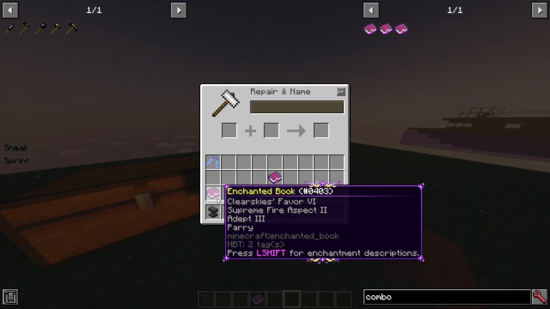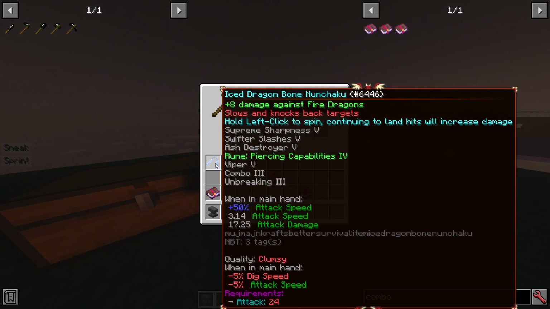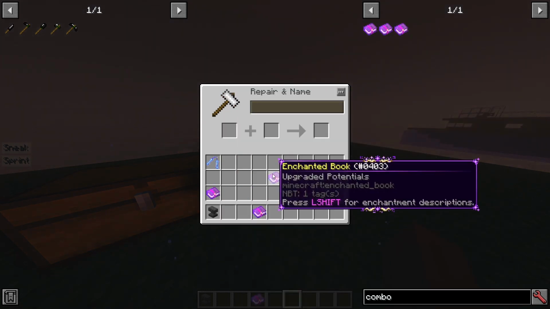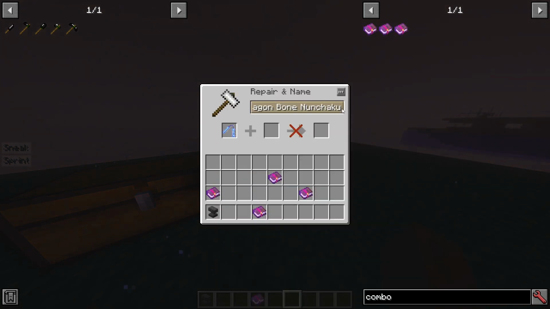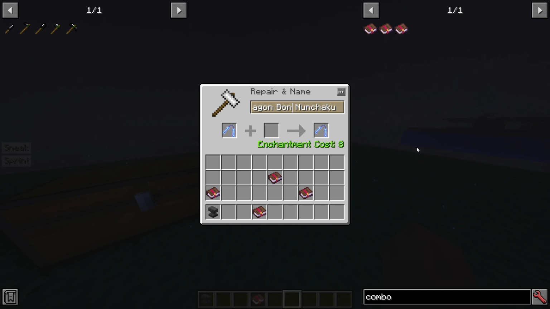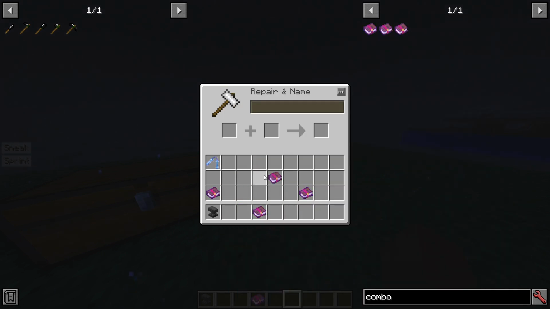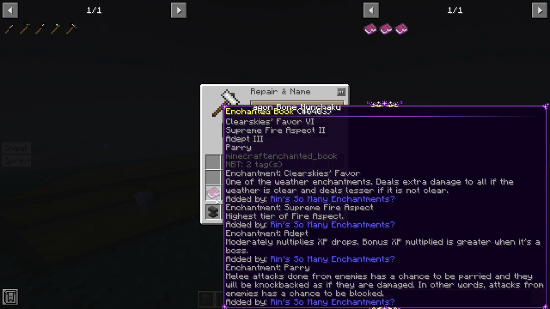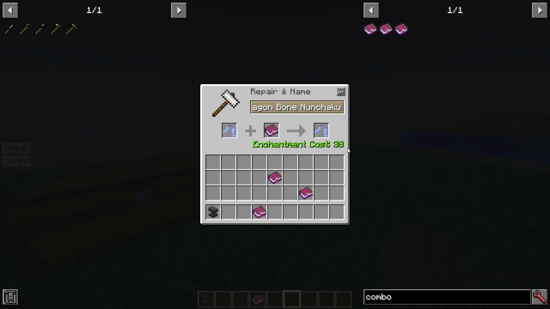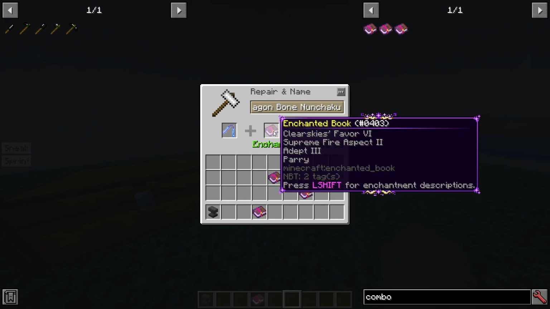Now, usually you would combine those 2 and then combine this with this item, but we have upgrade potentials. Right now, the Anvil use count should be 7, if I'm not wrong. So if we would put on this, it's costing 38 levels.